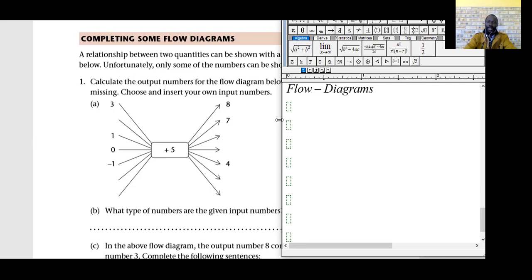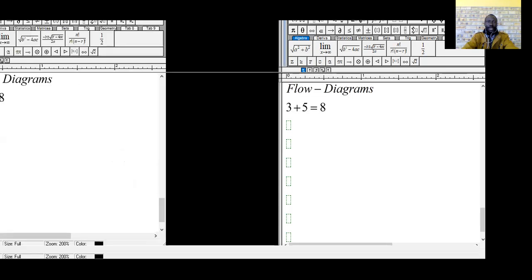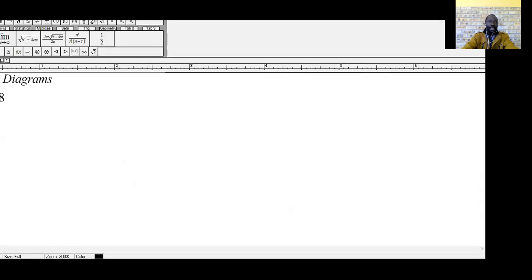So for the first one, we have 3, and to it we are adding 5. What do we get? Well, we get 8. Supposing that was not given, let's say it wasn't given. Let me use this symbol here to illustrate something.